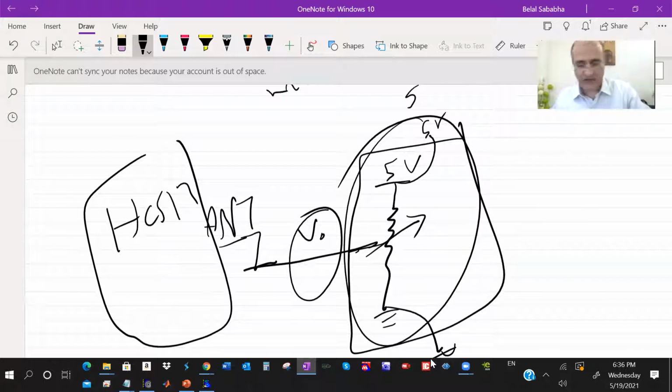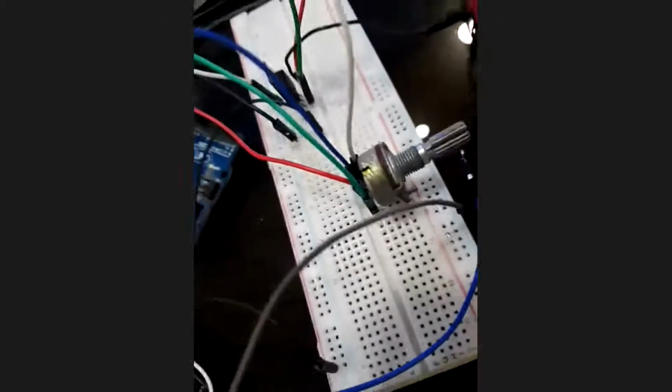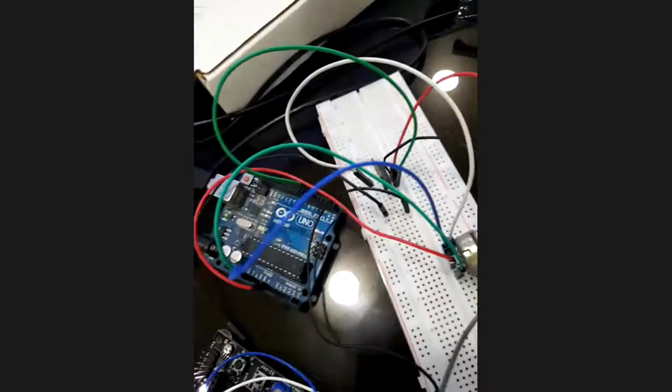When I use the external potentiometer, remember when we did the 7-segment display, the Arduino model base?